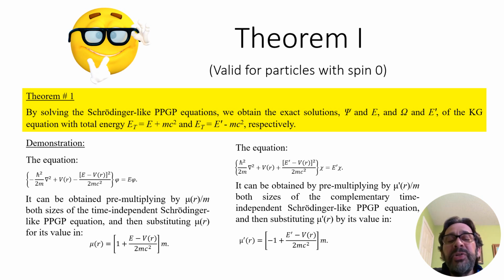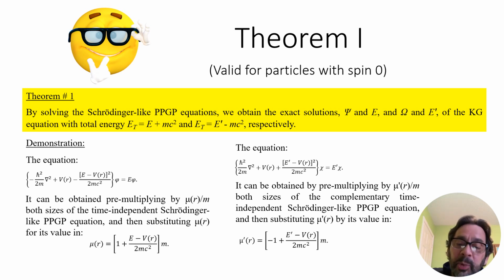This is the second equation that you can obtain from the Klein-Gordon equation when the energy of the relativistic quantum particle is E prime minus mc². It can also be obtained by pre-multiplying by mu prime divided by m both sides of the complementary time-dependent Schrodinger-like PPGP equation, and then substituting mu prime by this value in the expression below.